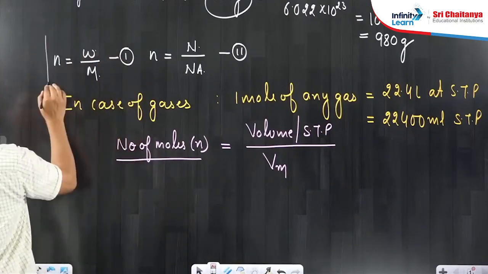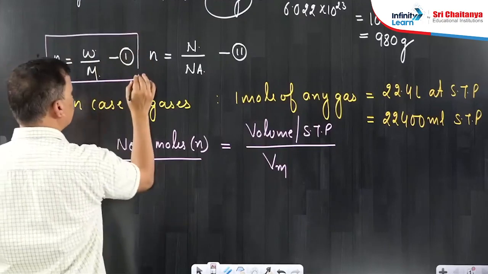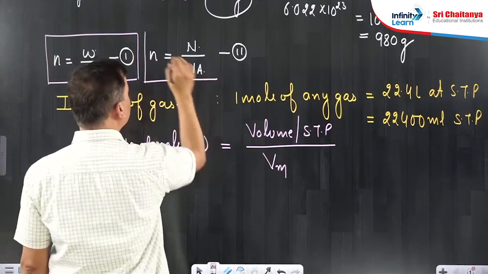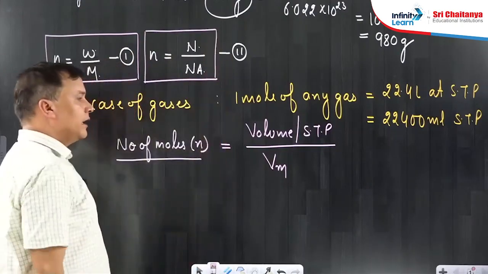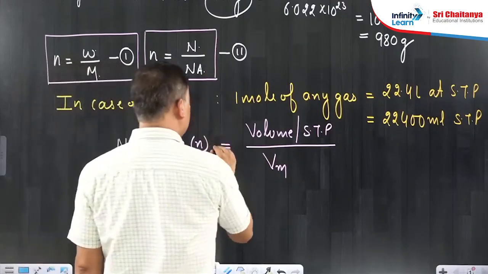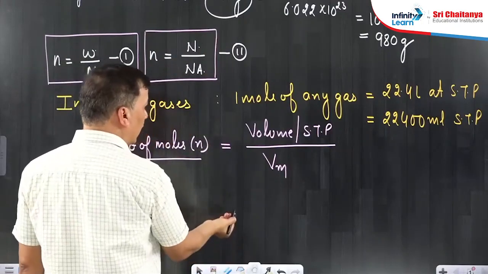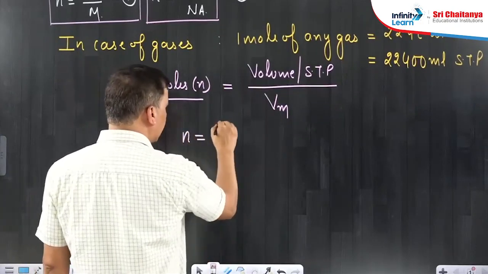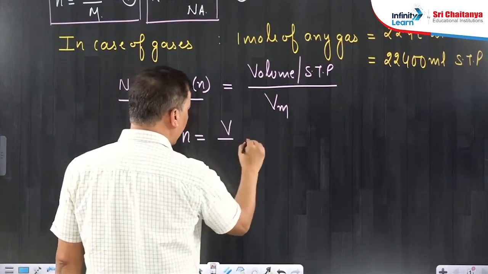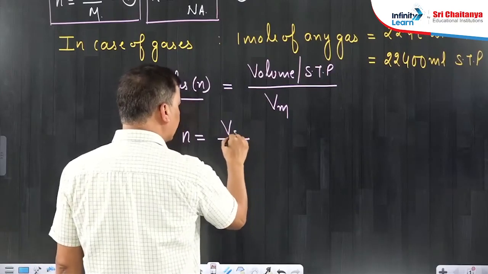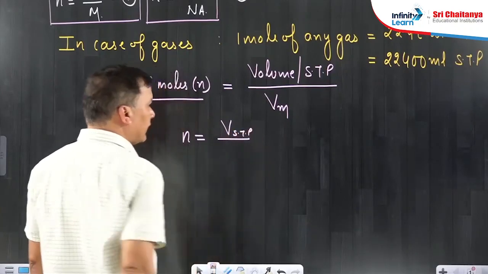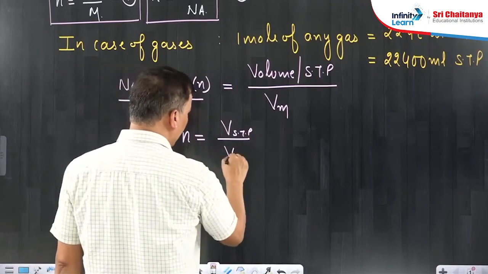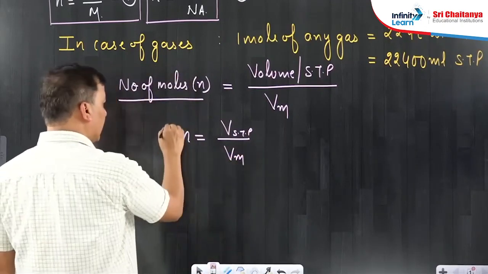Here is number of moles from mass, number of moles from particles, and number of moles from volume. I am writing this one. Number of moles is equal to volume upon what? This volume must be at STP, divided by molar volume. Am I clear or not?